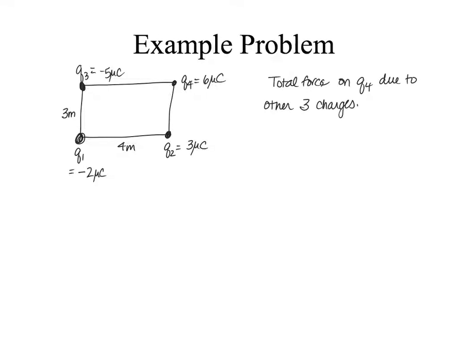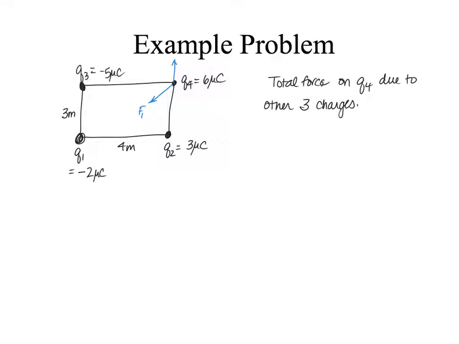of that force. When I think about Q1, Q1 is negative, but Q4 is positive, so these forces are going to attract. So the direction of the force due to 1 is going to be towards charge 1. When I look at the force due to charge 2, though, charge 2 and charge 4 are both positively signed, so they repel each other.